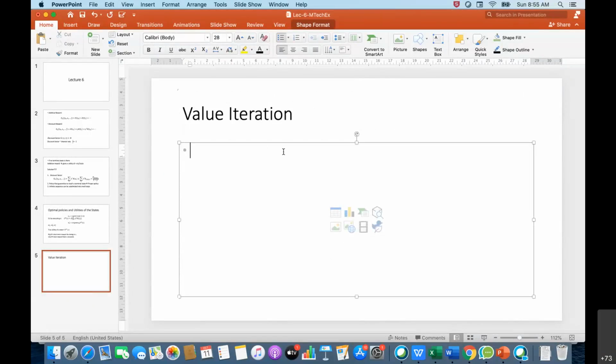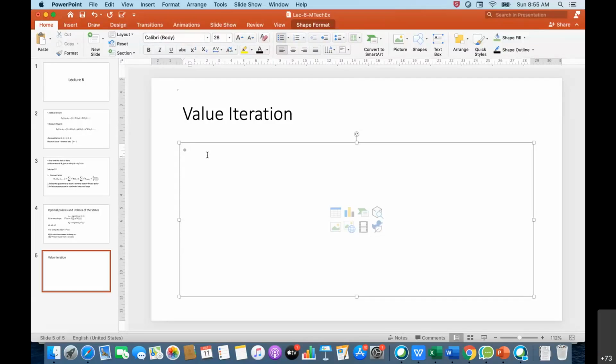Value iteration. As you know, we are supposed to calculate an optimal policy, and we need to calculate utilities in each state and use state utilities to select an optimal action in each state. Now, how should we do the things?